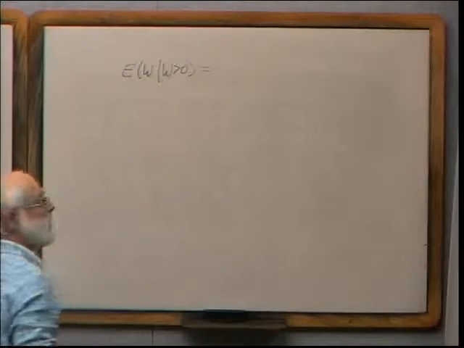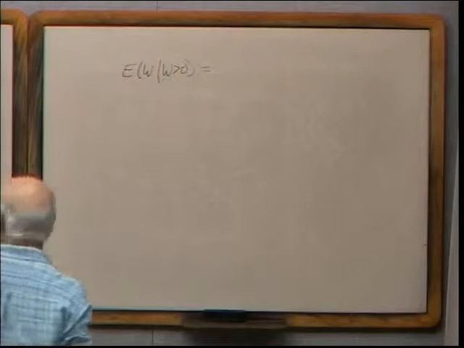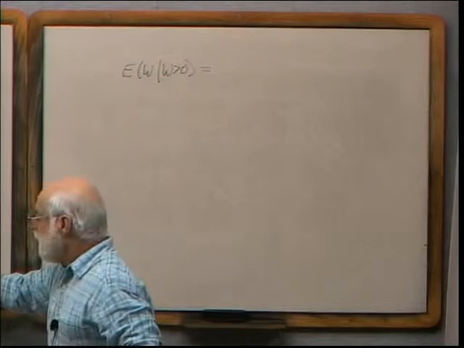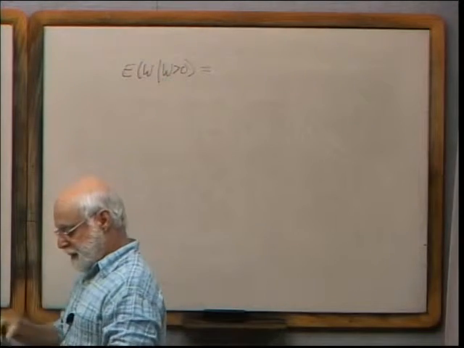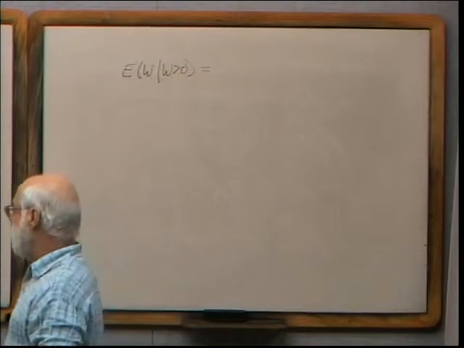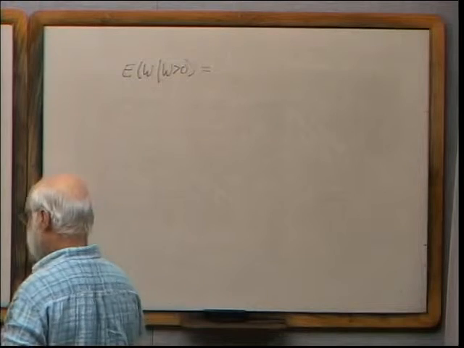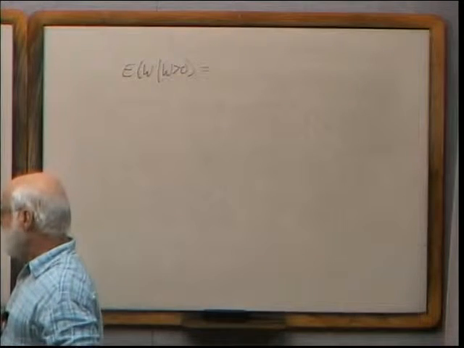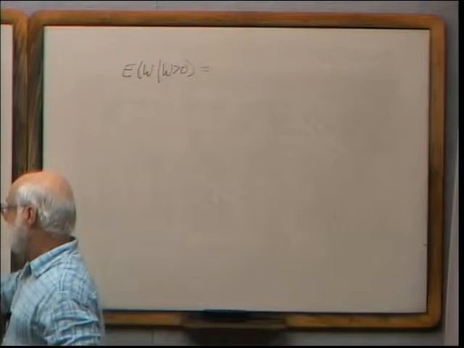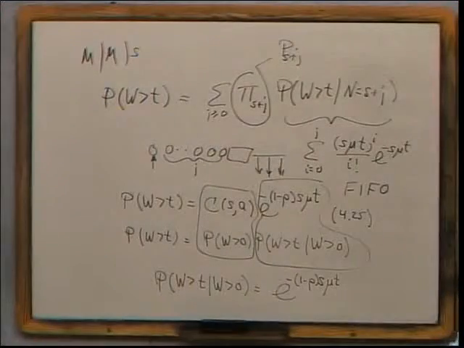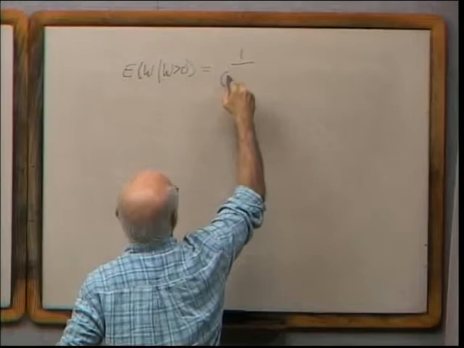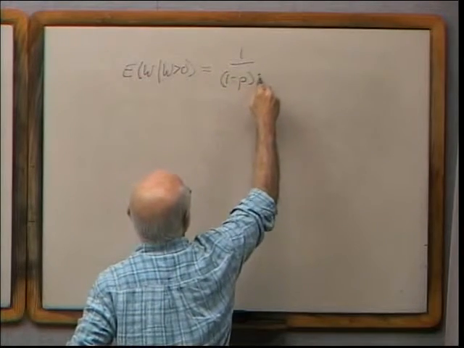This is the waiting time for those customers who have to wait, and it must be given by the expected value of this exponential variable. We know that for an exponential distribution, the expected value is the reciprocal of this parameter. So this is equal to 1 over (1 minus rho) S times mu.